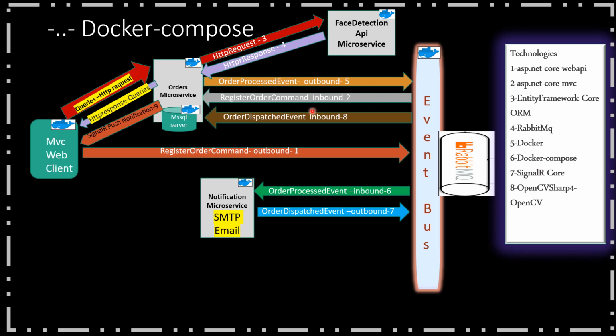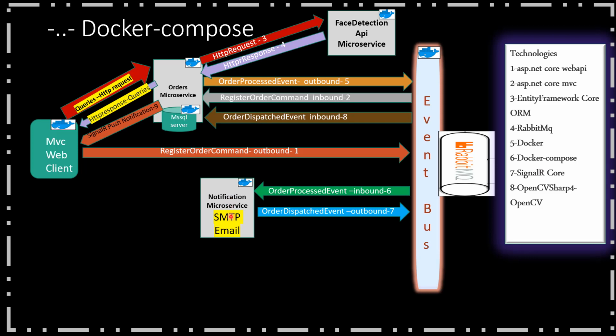The event message is picked up from the bus by the customer notification service, as indicated by arrow number 6. This microservice is a console application whose sole purpose is to send emails to the customers with faces attached as JPEG images.